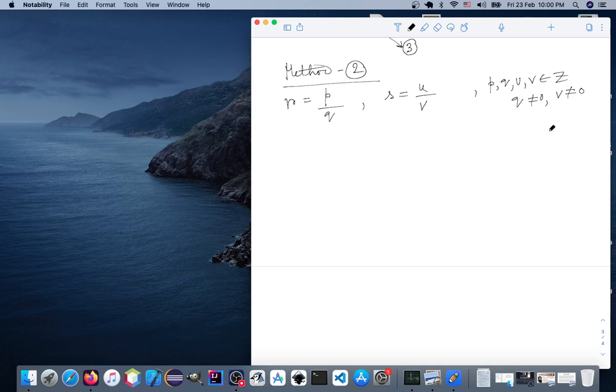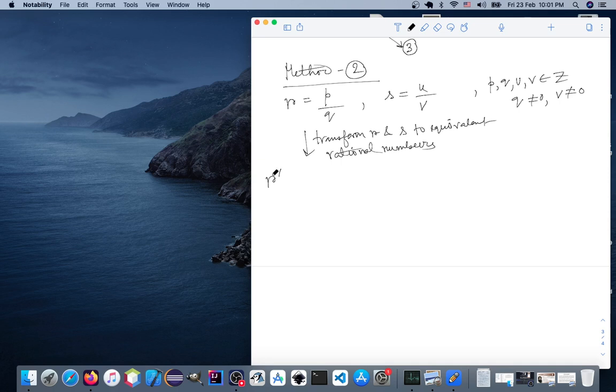So what we do is we transform R and S to equivalent rational numbers. How do we transform R and S? Let's say when we transform R, the transformed rational number is R dash.